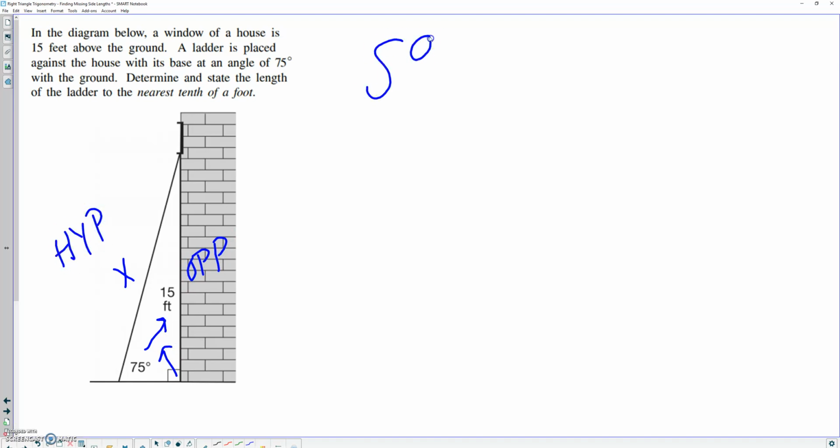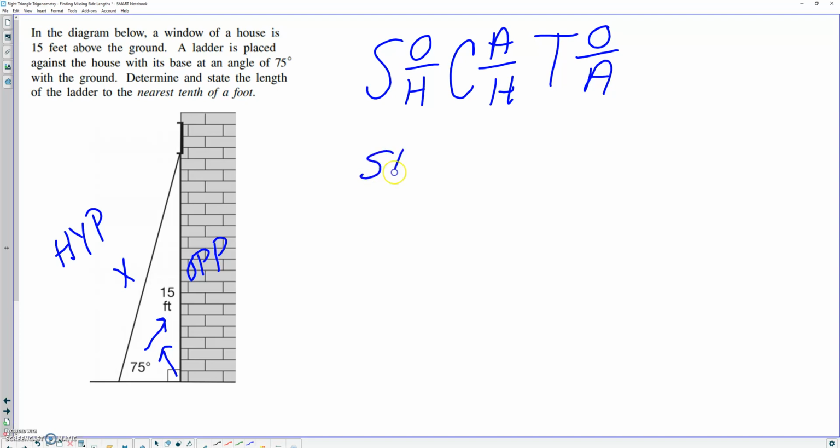So again, we're going to write down SOHCAHTOA on our paper. And then we want the ratio involving the opposite side and the hypotenuse. So that's going to be sine. So we're going to do sine of 75 degrees equals opposite 15 over our hypotenuse, x.